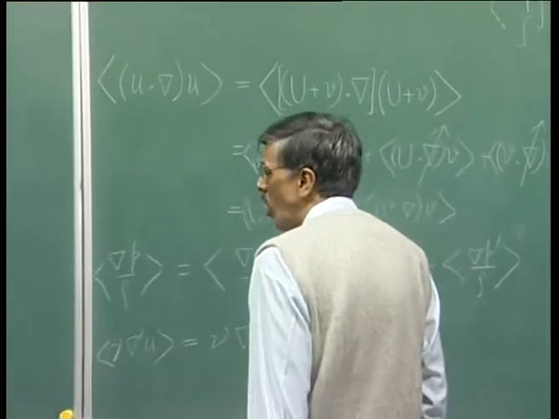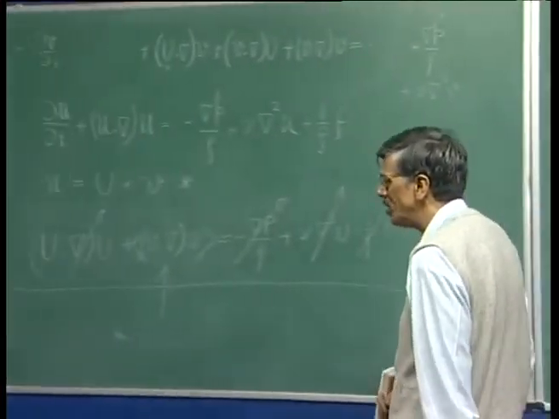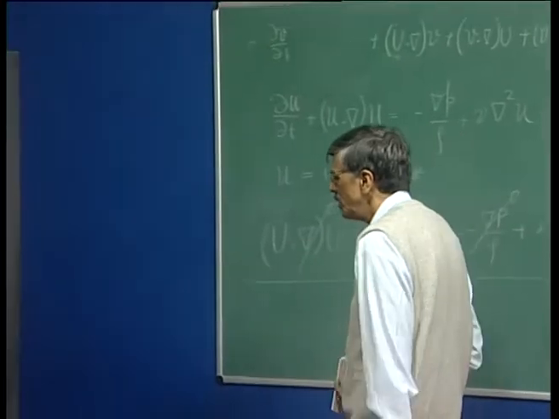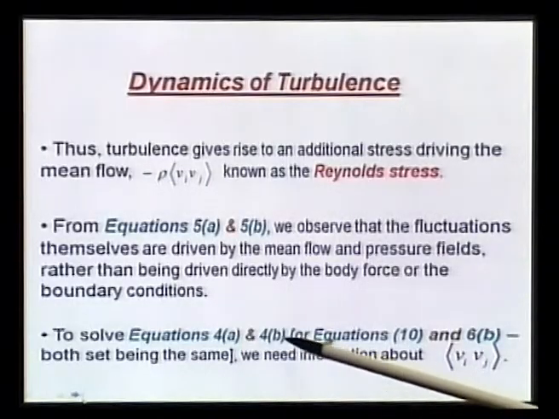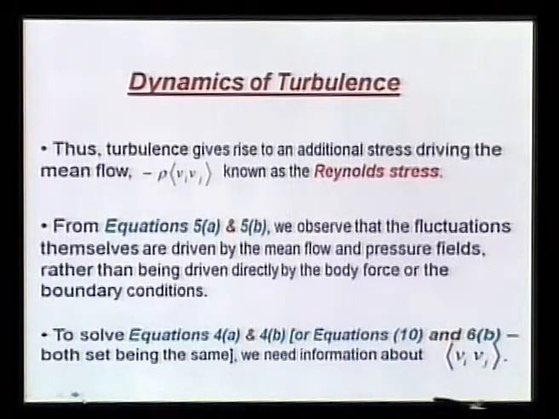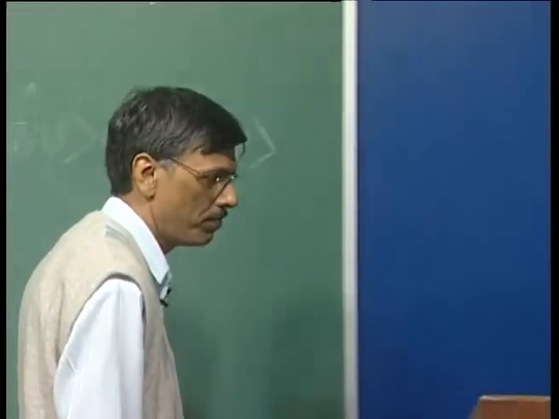Okay. So, do understand this: whether we solve the RANS equation in the vector form or in the tensor form, we need information about this term. We have no other recourse. We have to get some information about the Reynolds stress.